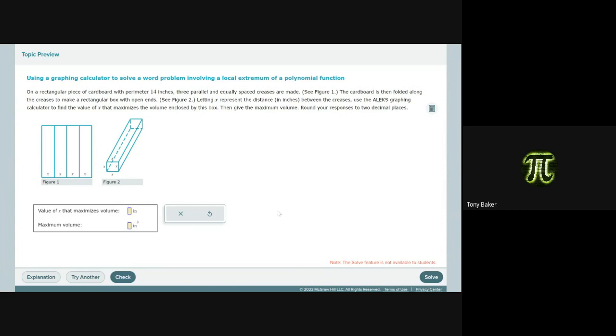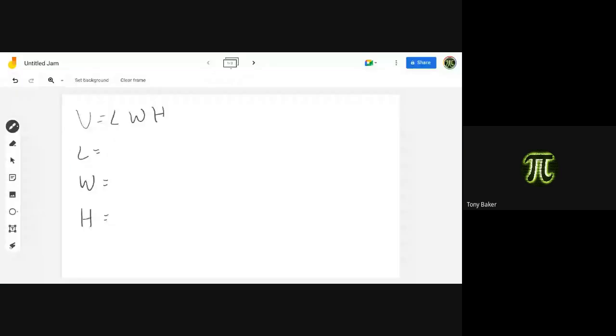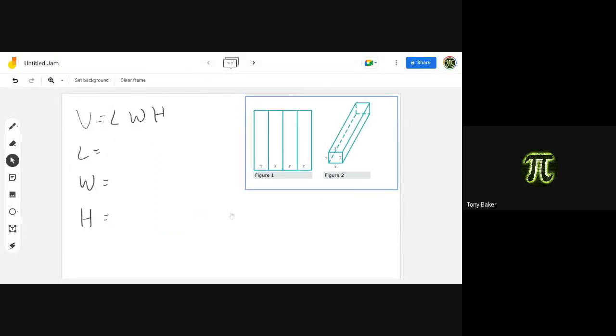So if you look at this, you have the X there, the X there, the X there, the X there, and we'll call that height.